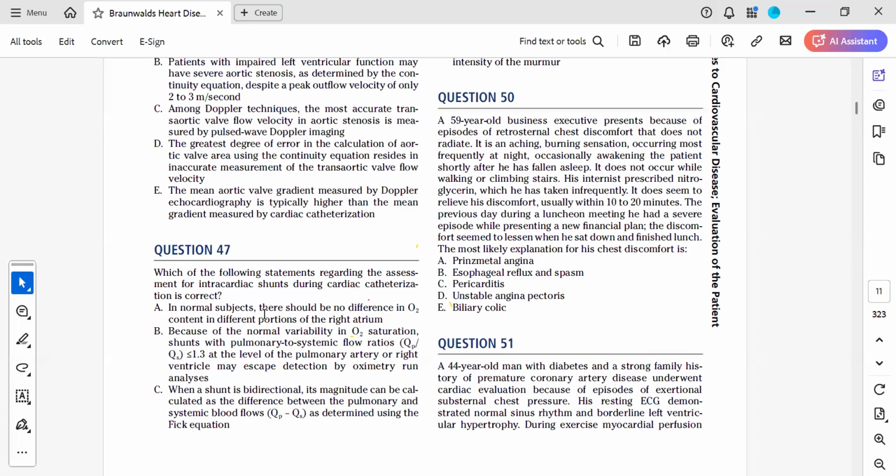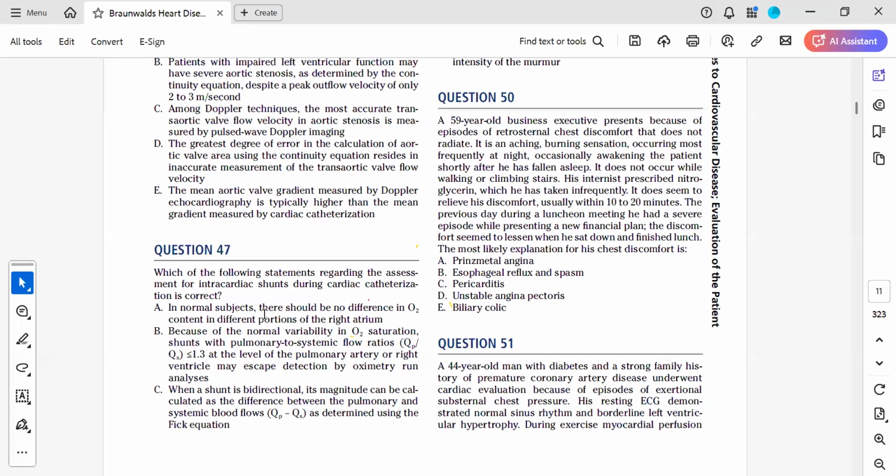So you do QP over QS, and if you get values as high as 1.5, you have to fix that shunt so that the pressure in the pulmonary system will not be extremely high. Once QP/QS is more than 2, significant pulmonary hypertension is setting in, because QP, the numerator, is extremely high to give that ratio. That's the layman's way; I just try to put it in my head.